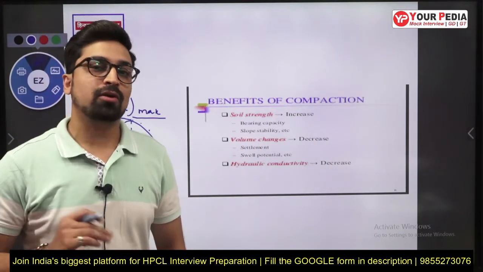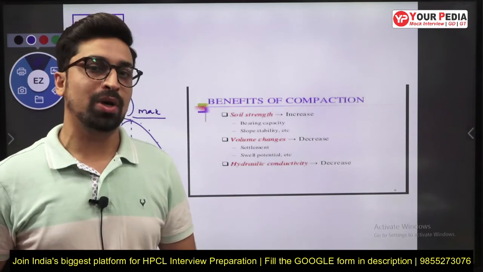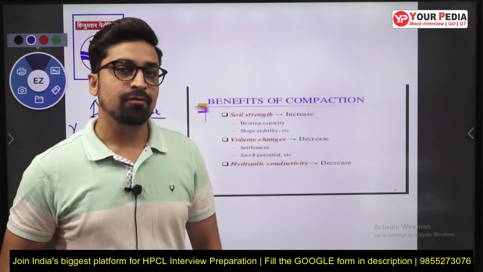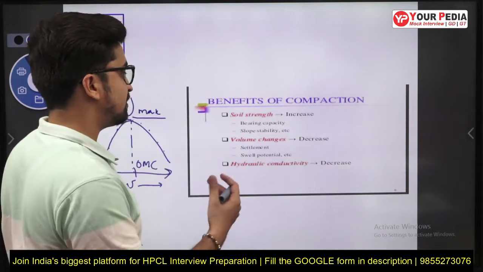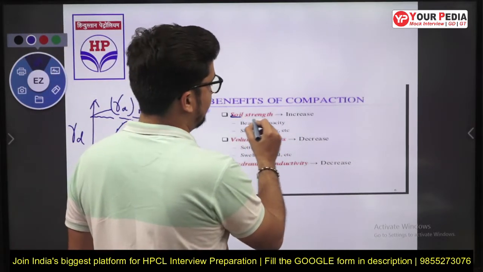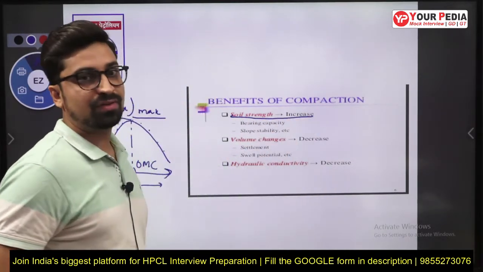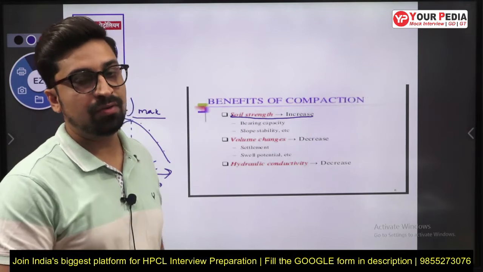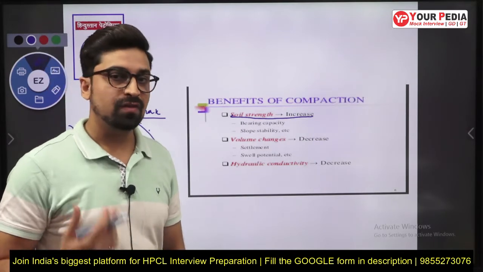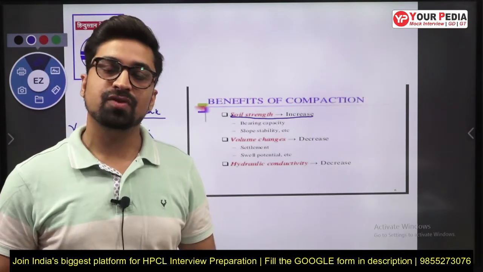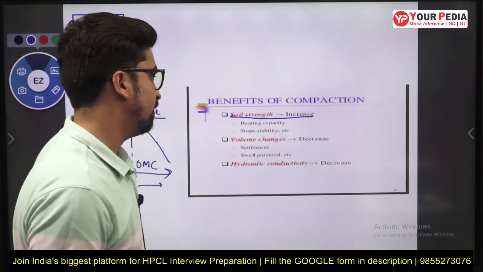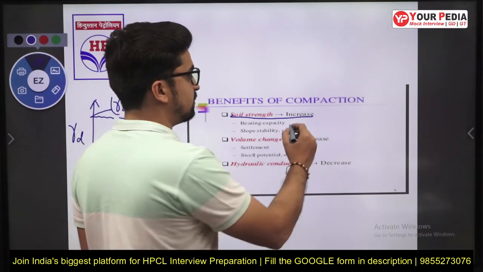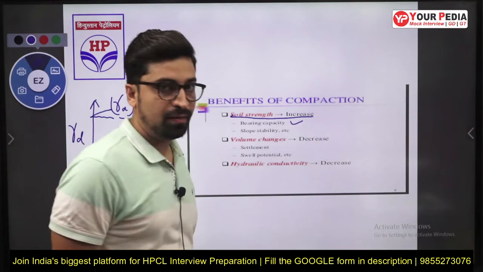Now let's come back to our question. They asked, why do we compact the soil? Basically we have 3 major benefits of compacted soil. The first is that it increases soil strength. As we have discussed earlier, since the void ratio is reduced, the shear strength will get increased, which ultimately increases the bearing capacity of the soil.